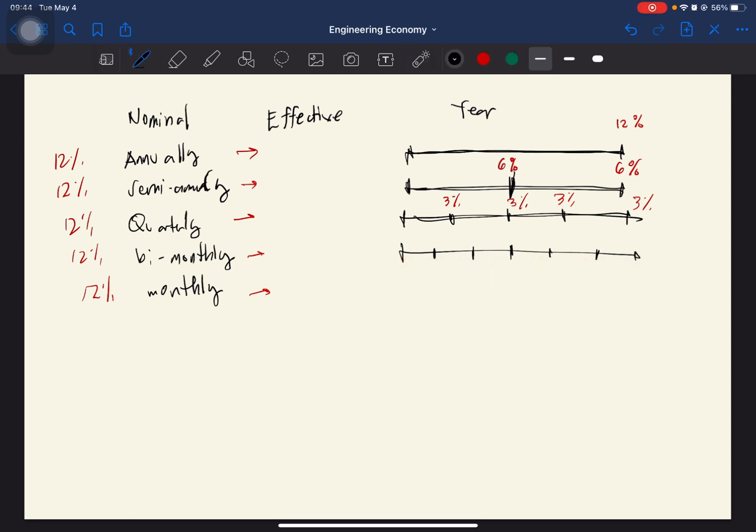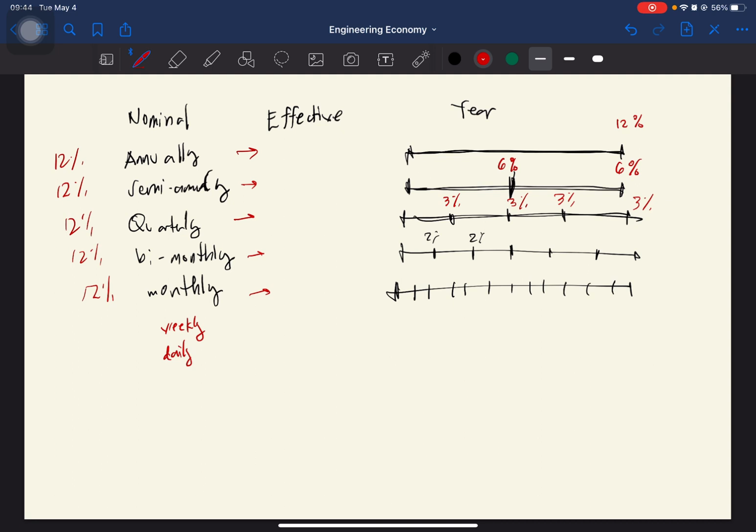You have to divide that nominal interest rate into 6 compounding periods: 2%, 2%, 2%, etc. For the monthly, of course, 1% per month. So you will have 12 compounding periods in a year. But we did not dive lower than that. We never did weekly or daily.